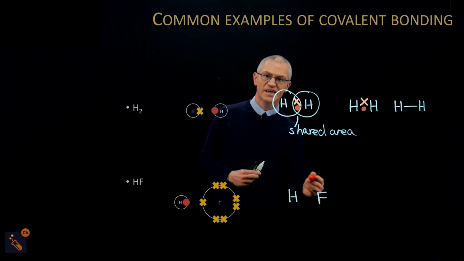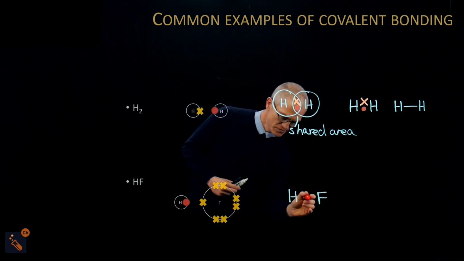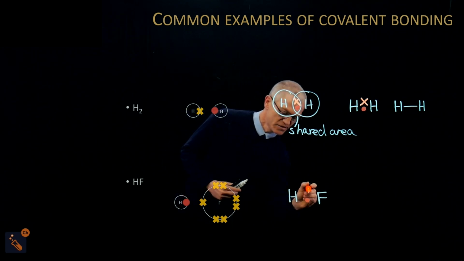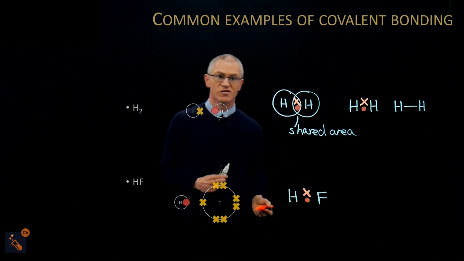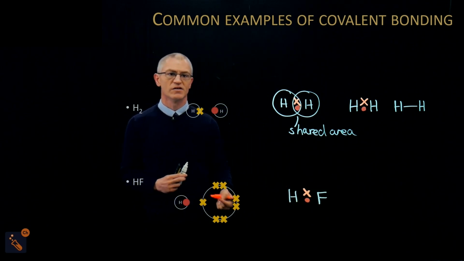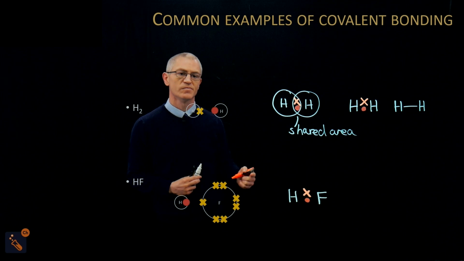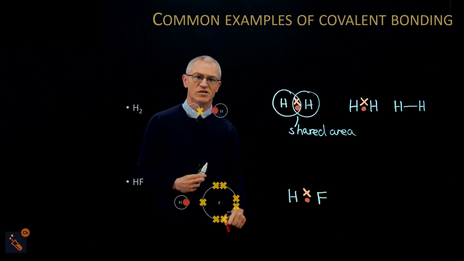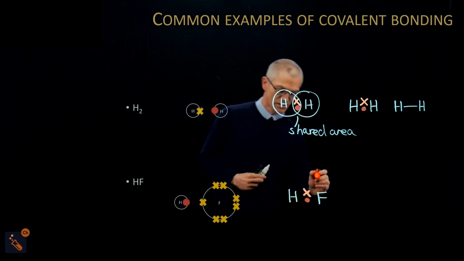So I have to put those in between the H and the F. There's one of my electrons, and there is the other one of my electrons. Notice I'm doing a dot and cross to show the different elements, or in this case, different atoms. Then all I have to do, once I've drawn the shared pair of electrons, is draw in the other electrons.